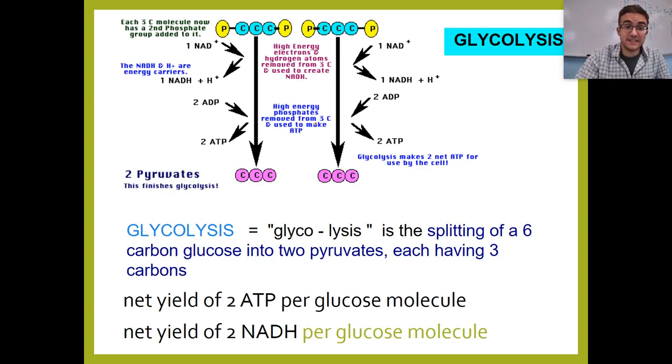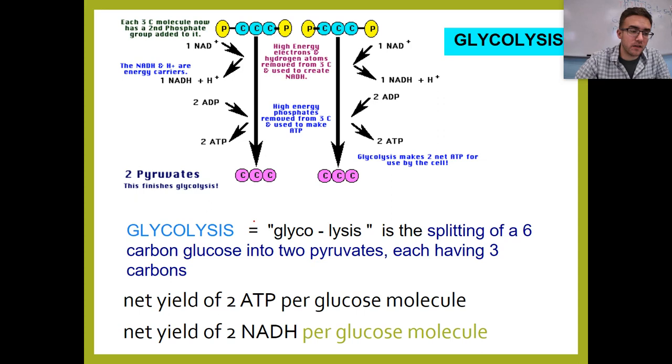So glycolysis, if we break down the word, glyco stands for glucose, it's a sugar, and lysis means splitting. So what happens during glycolysis is we're literally splitting glucose in half to form 2 3-carbon molecules.